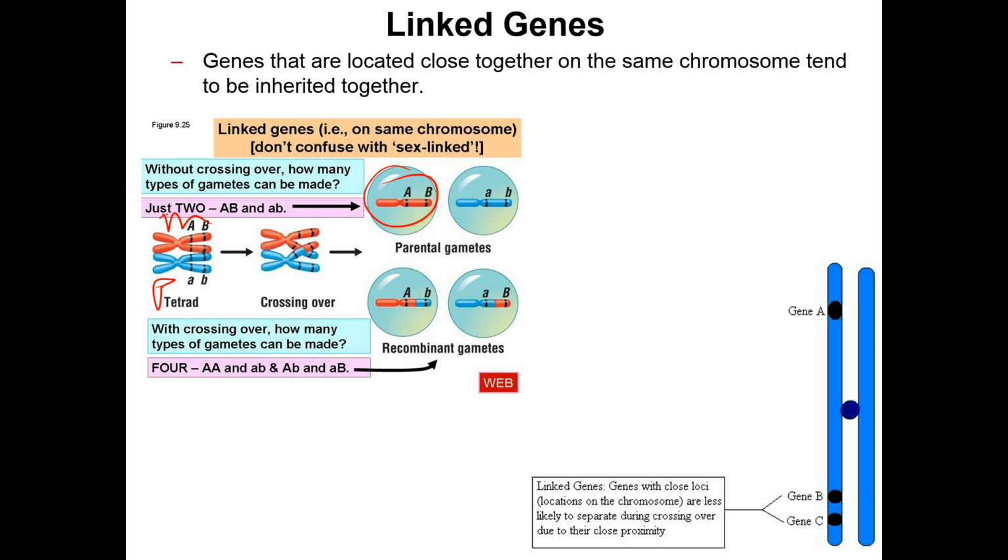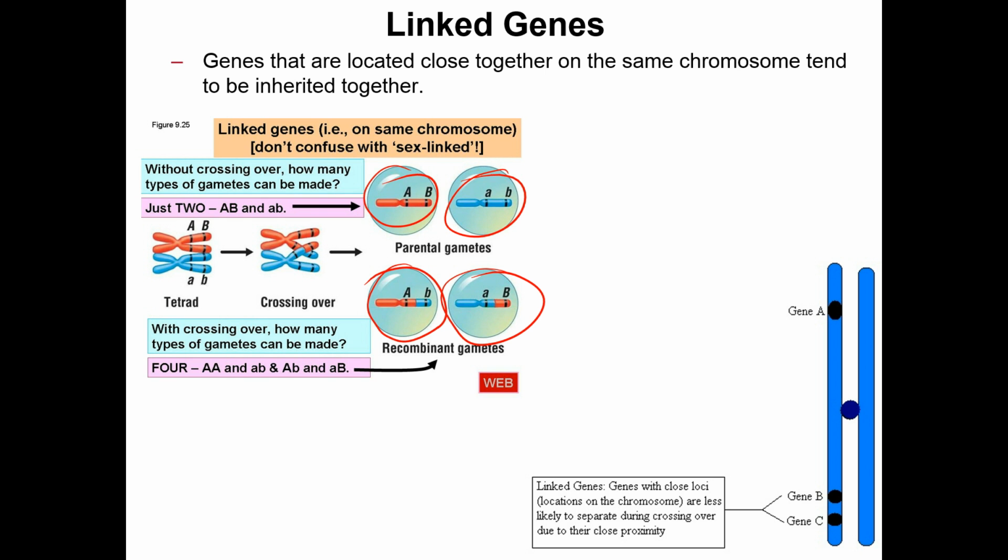Our paternal chromosome is going to give us gametes that look like this. Now, if crossing over takes place, we'll end up with gametes that will look like this and this, because we have an exchange of genes between the maternal and paternal chromosome.